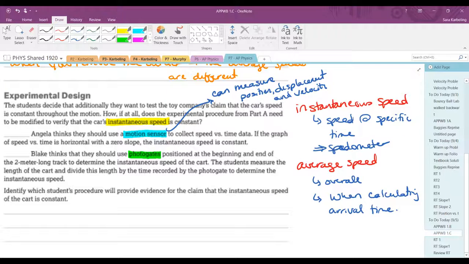Average speed, right? So photogates measure position and time and are then used to find an average speed. So, average speed, instantaneous speed. Which one's a better choice?